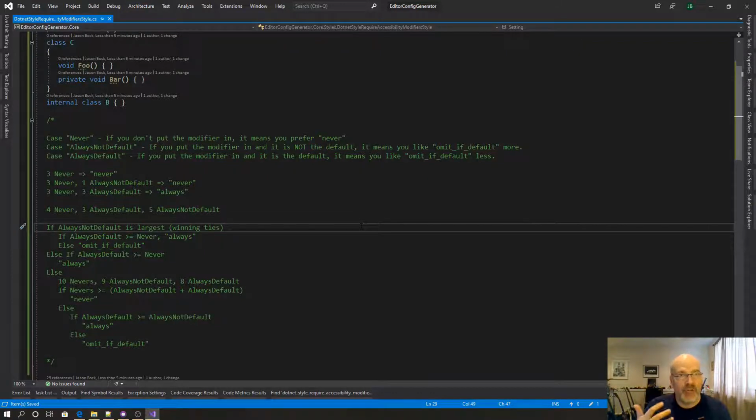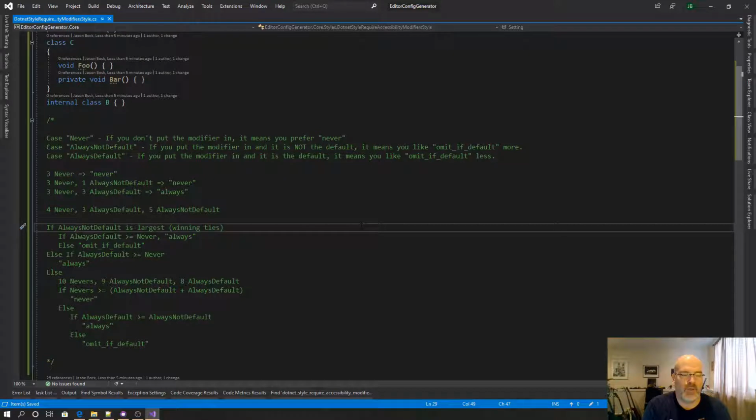Right now, this seems again to be logical to me, but we have to come up with some kind of heuristic, something to say, what do you prefer? Okay, if always not default wins, and you also favored always default, then you want always.